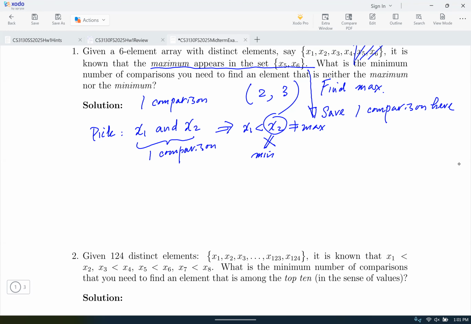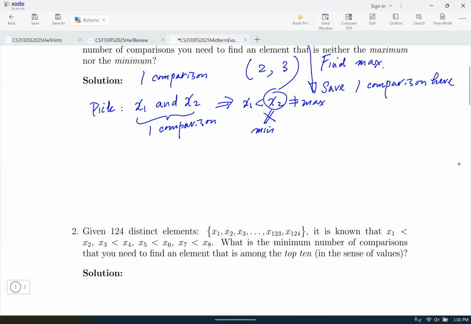The maximum belongs to one of the 2 elements, but you do not really need to find which of the 2 is the maximum. So these are the 3 questions. All right, that's the first question.